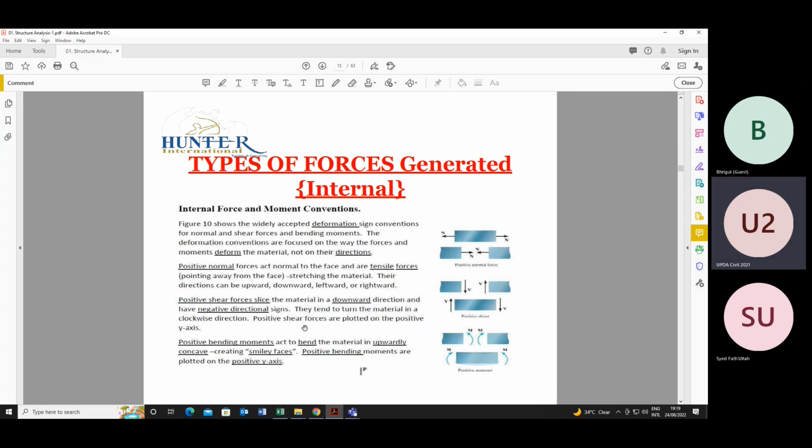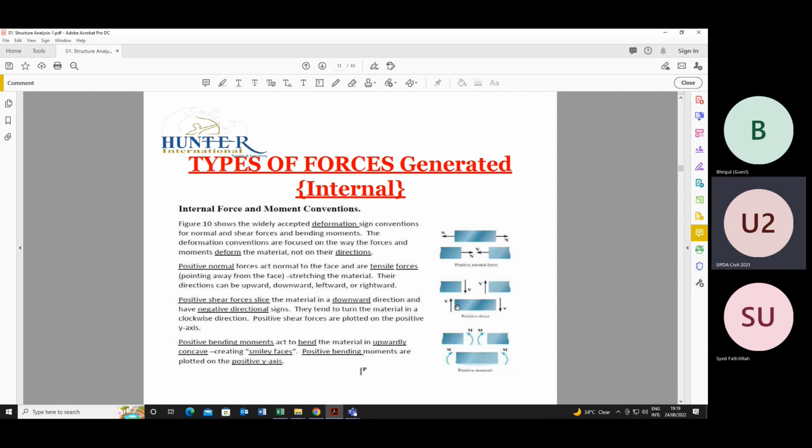Shear force will be downward or upward. Positive shear force slices the material in the downward direction, and they tend to turn the material in a clockwise direction. Positive shear forces are plotted on the positive y-axis.